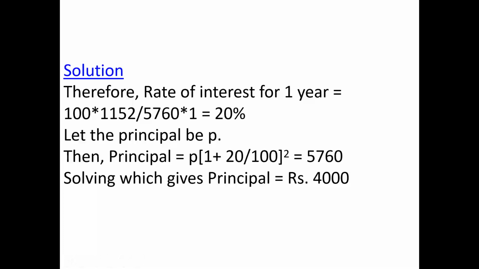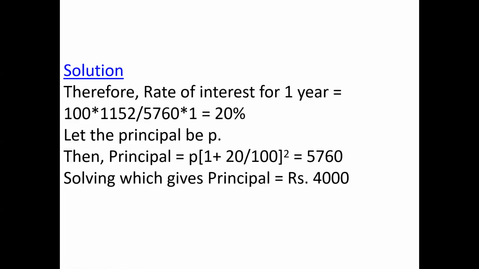20% it is increasing. So let the principal amount we have taken be P. So then principal equal to what? P of 1 plus 20 by 100 whole thing squared, that is in 2 years. Okay, so that will give you 5760. So solving which gives principal, that is 4000. If we solve this formula for P value, then we will get value as 4000.